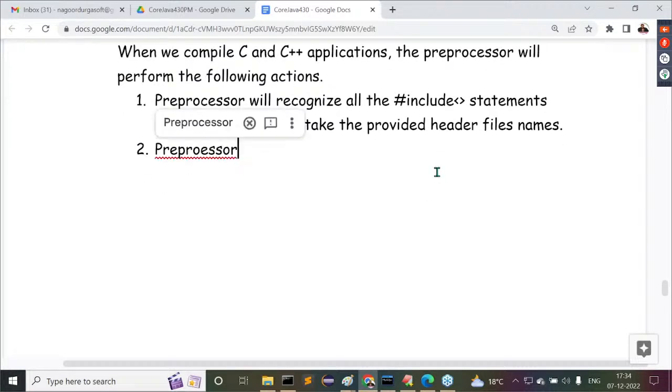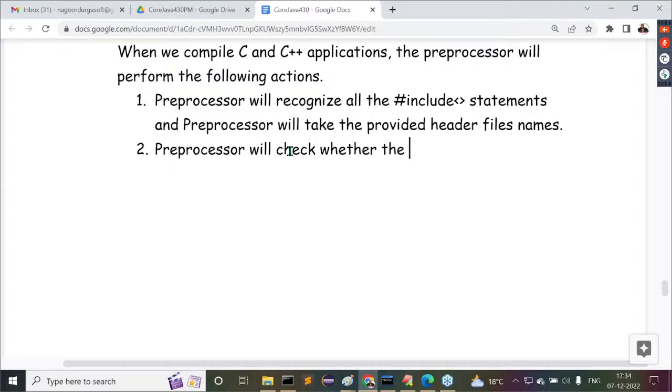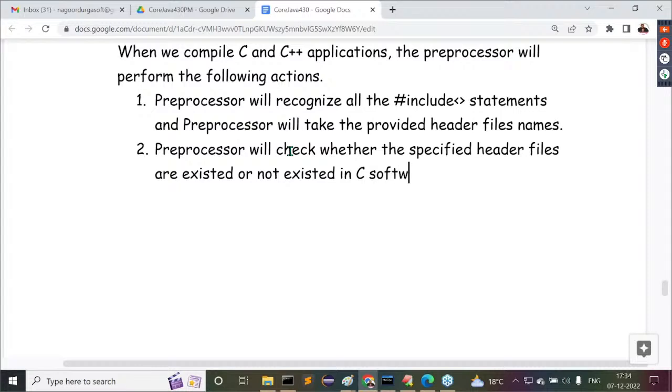Next one, the preprocessor will check whether the specified header files exist or do not exist in the C software. Got my point or not?